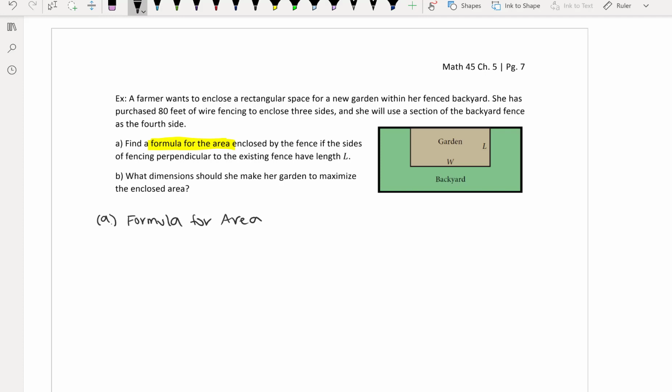Whenever I have a regular rectangle, I know that the area is going to be equal to length times width.